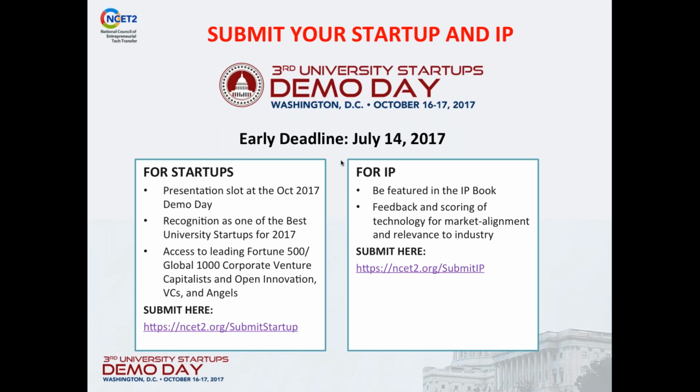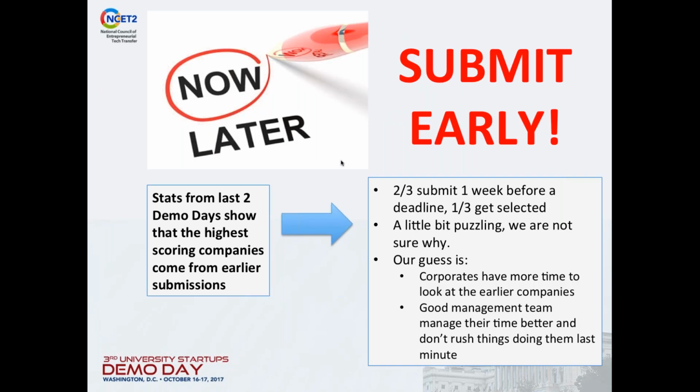Just another reminder that if you do wish to submit for both startups and companies as well as IP, the early deadline is on July 14th, and we do encourage everyone to submit early. Most of the time we've had 2 demo days, and the last couple of demo days showed that those that submit early actually do get selected and get scored more favorably. We're not really sure why, but we looked at the statistics, and it looks like the corporates feel they have more time to look at the companies and give more attention to them.